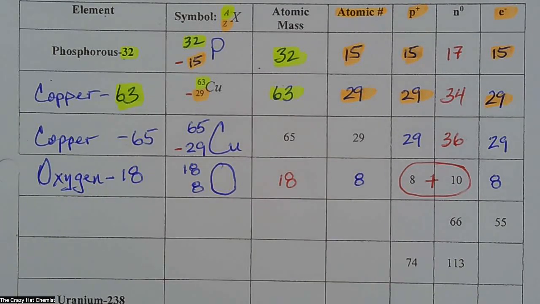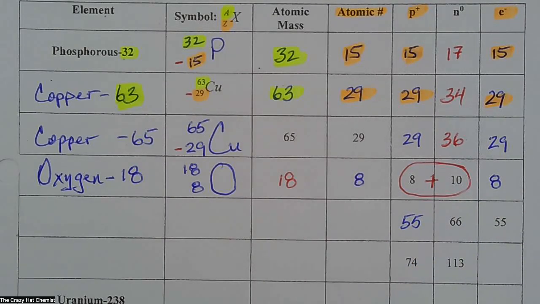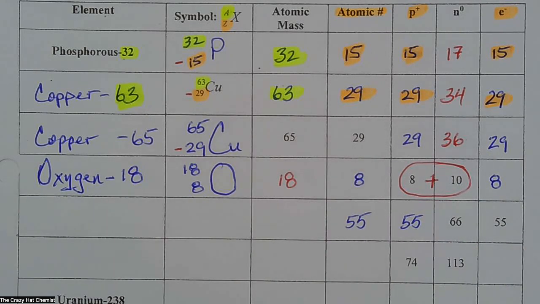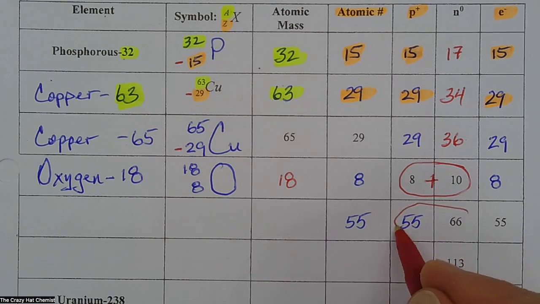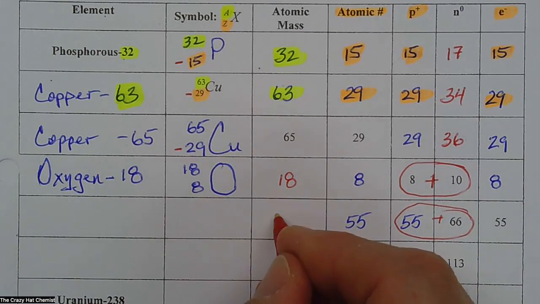Perfect. Next one, next row, and that is I have 55 electrons and 66 neutrons. So if I were to say, well, since I have 55 electrons, I must have 55 protons since it's a neutral atom. And then that means that the atomic number is 55. If I were to add up the number of protons and the number of neutrons, that would equal 121.